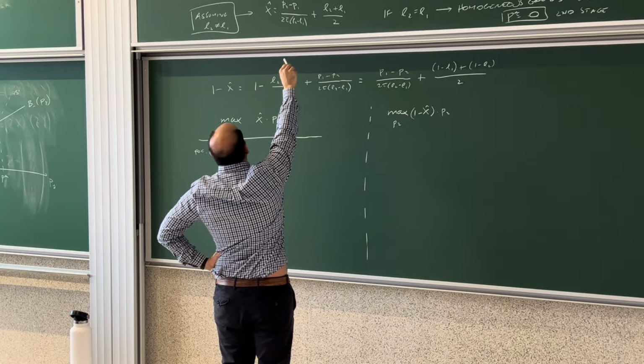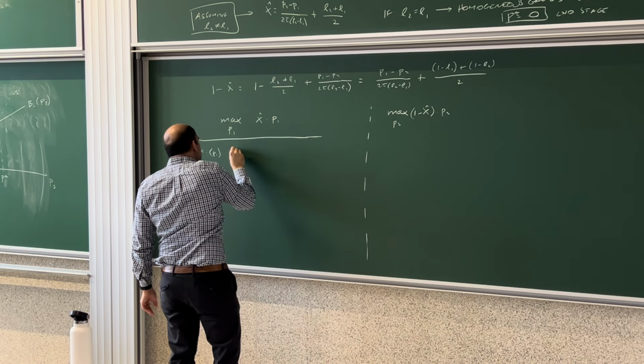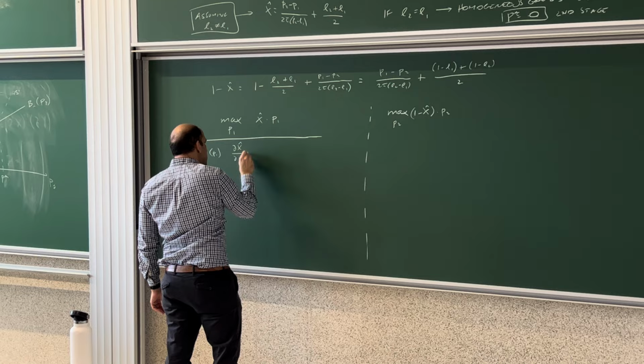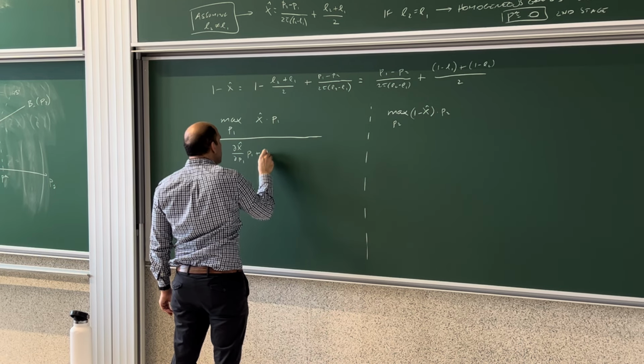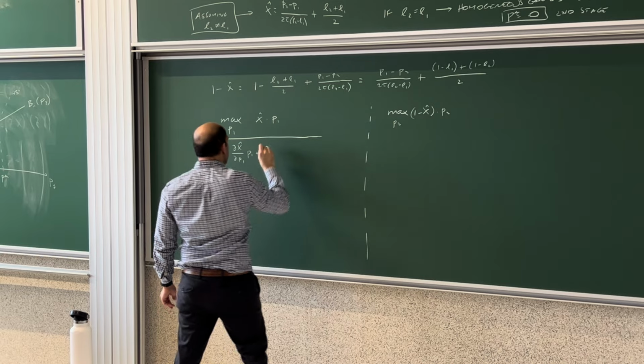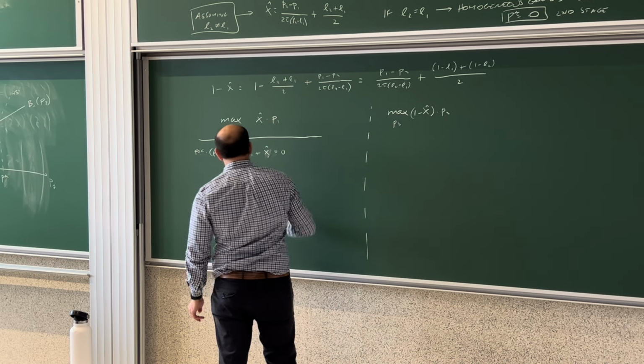So we have to take the derivative of this with respect to P1, right? It's going to be the derivative of x hat with respect to P1 times P1, plus x hat times the derivative of P1, which is equal to 0.